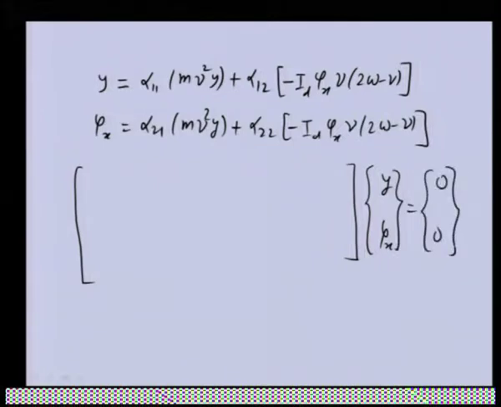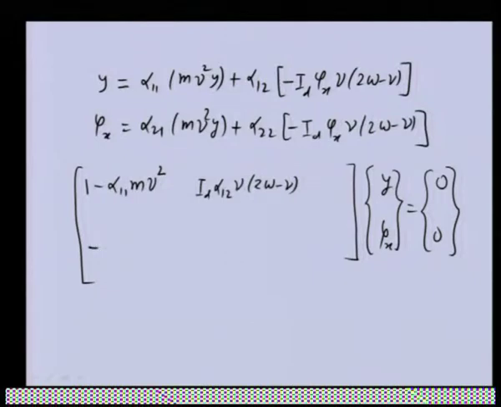So, here we will be having 1 alpha 11 m nu square, then here i_d alpha 12 nu 2 omega minus nu.